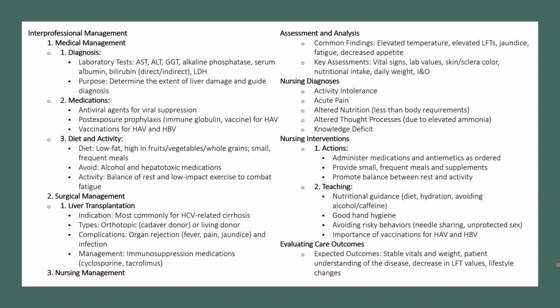The main complications we need to watch out for are organ rejection and infection. Patients will need to take immunosuppression medication like cyclosporine and tacrolimus for the rest of their life.